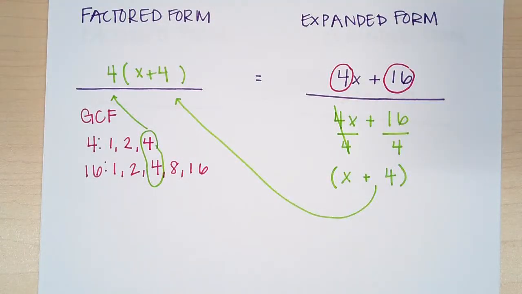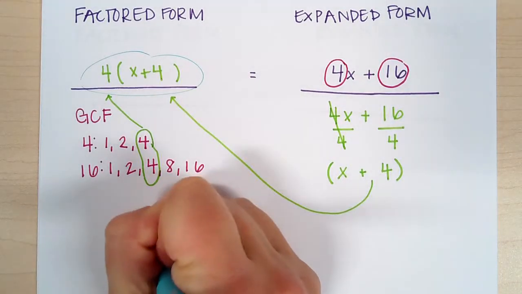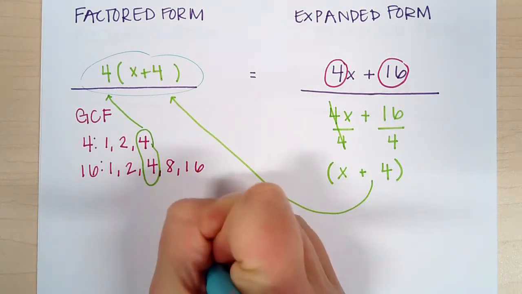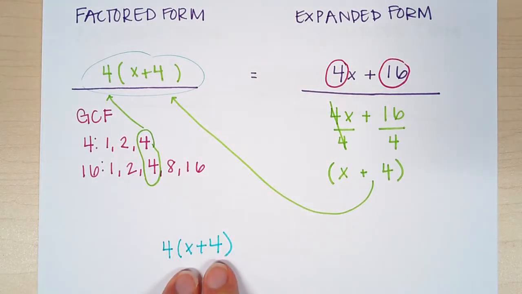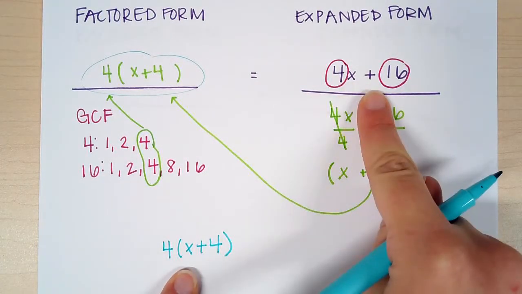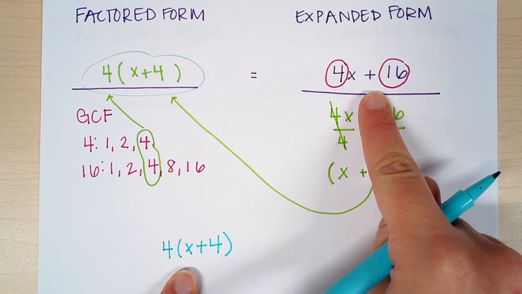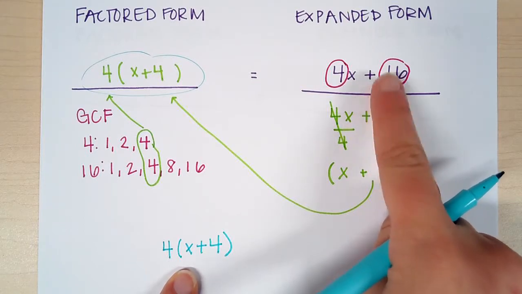Now, I can check my work. And I do that by taking my factored form and distributing 4 times x plus 4. And my goal will be to get that expanded form that I already had. That was my starting point.